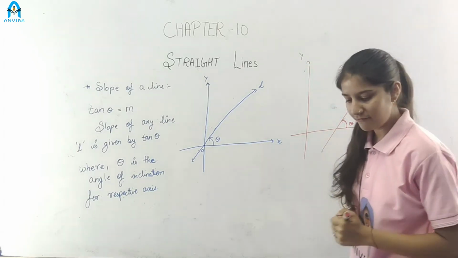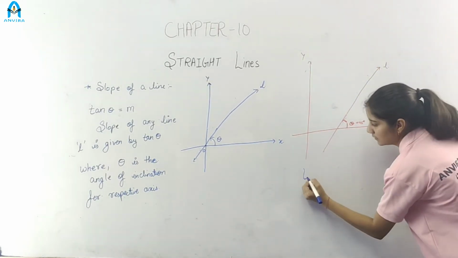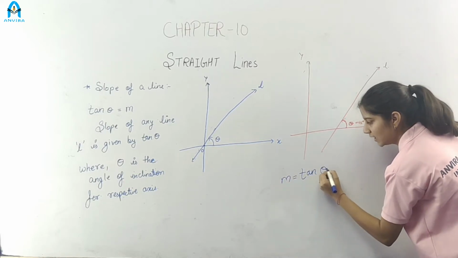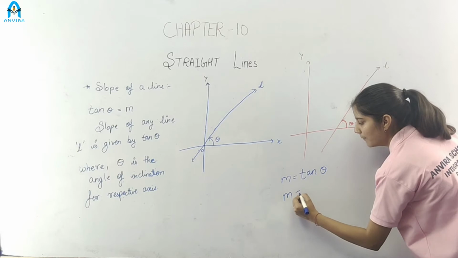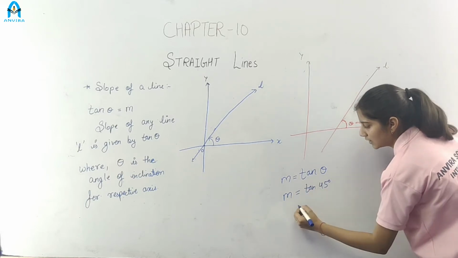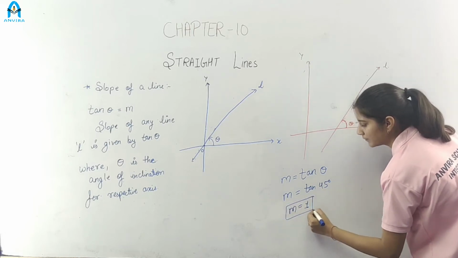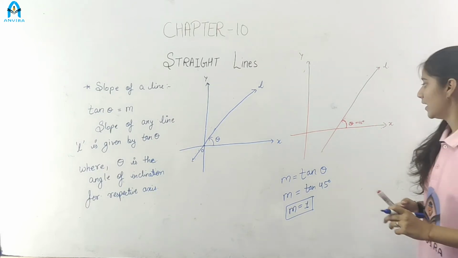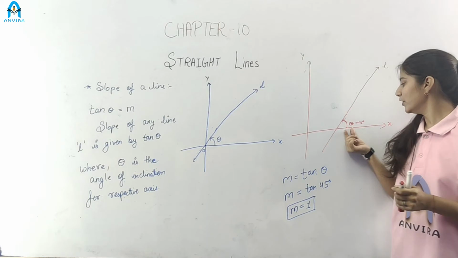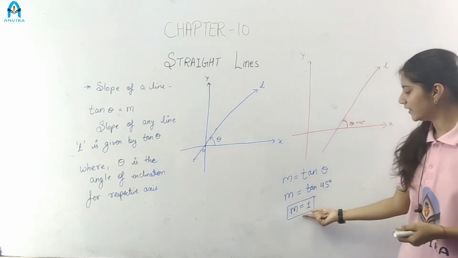So how can I find the value of my slope? Then as we know, slope is given by tan theta. So here m is equal to tan 45. And what is the value of our tan 45? That is 1. If you had given different angles, then you can find different values of the slope.